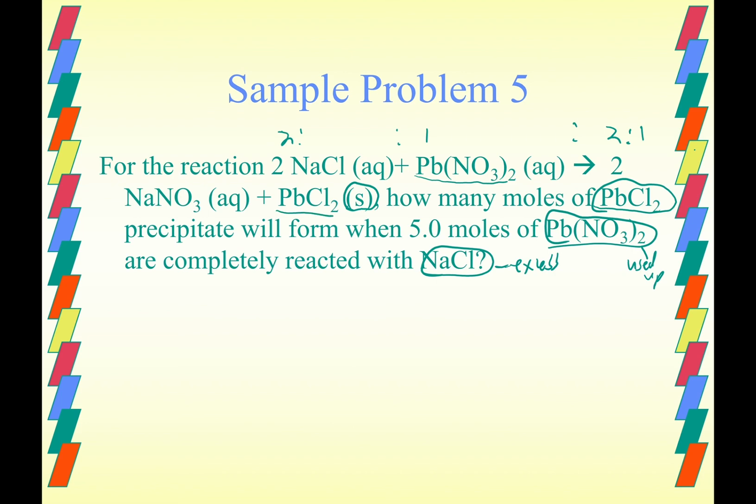That is a simple 1-to-1 ratio. We'll put that 1 over 1. So if we have 5 moles of lead nitrate, how many moles PbCl2 would precipitate? We cross multiply here and we get 5 moles of lead chloride will precipitate, since they are reacted in a 1-to-1 ratio.